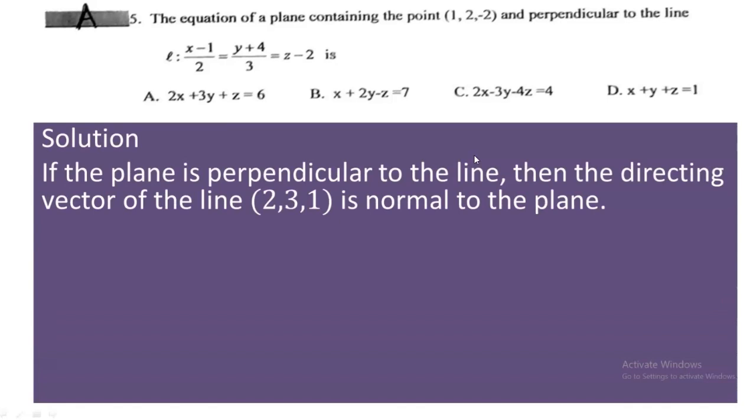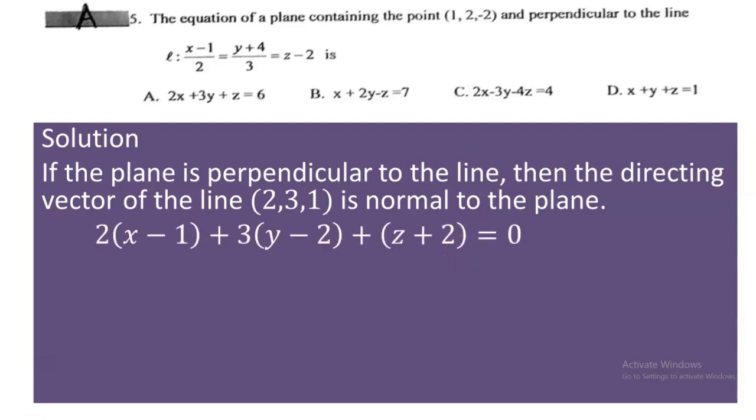So look, if the plane is perpendicular to the line, then the directing vector of the line with components 2, 3, 1 is normal to the plane. So from this, we are going to have this equation directly used from the obtained formula. Look, the components of the vector are already written here.